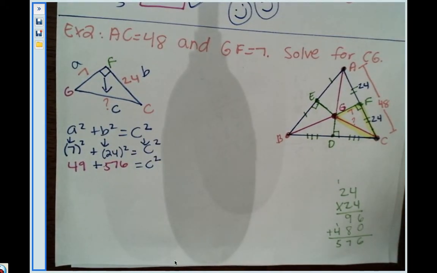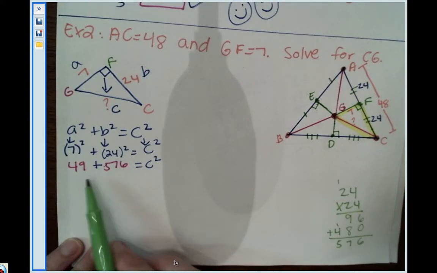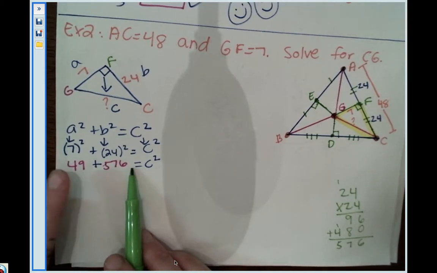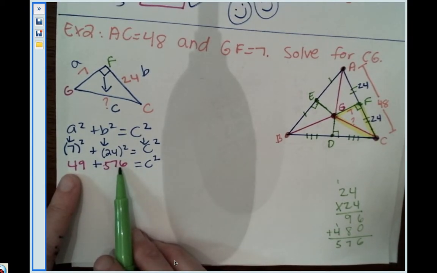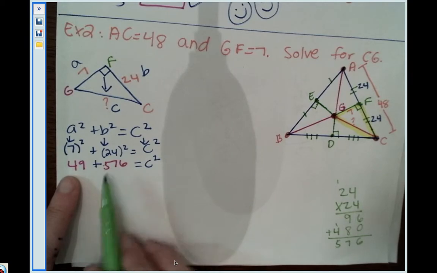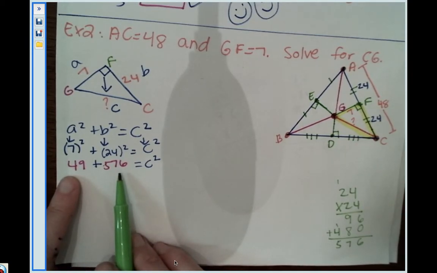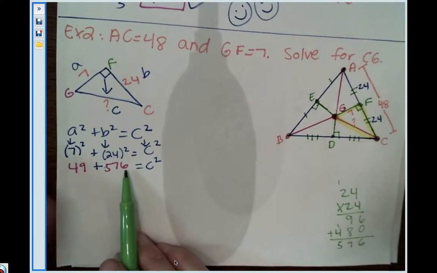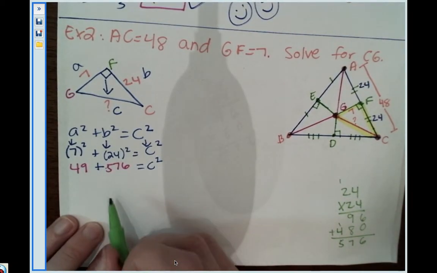Okay, so I need to combine my 49 plus 576, which I'm going to teach you a mental math trick. I'm going to add 50 to this and then subtract 1, because it's a lot easier to add 50 than 49. So 576 plus 50 will give me 86, 96, 06, 16, 26. So that's going to give me 526.